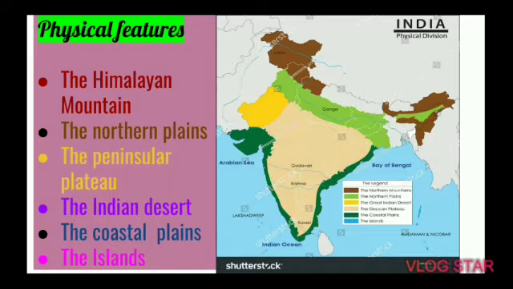Now once again, physical features are different types of landform. In India we have different types of landform from north to south and east to west: the Himalayan mountain, the northern plains, the peninsular plateau, the Indian desert, the coastal plains, and the group of islands.